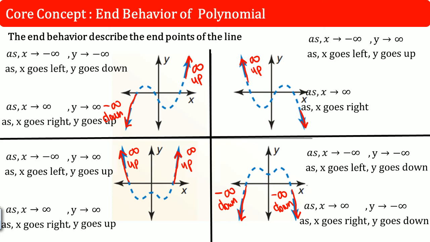Well, the y goes to negative infinity because it goes down. These are all four cases that you're going to get when it comes to end behavior. There's no other way. Your end behavior will show that it goes to either positive infinity or negative infinity, depending on how it turns.